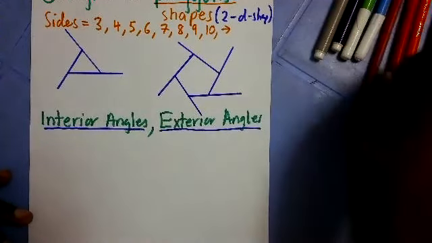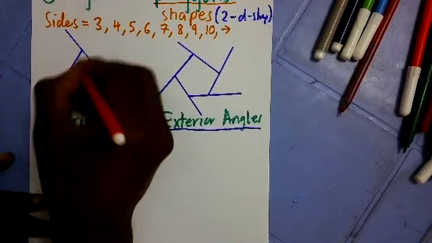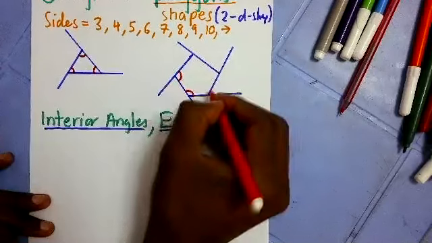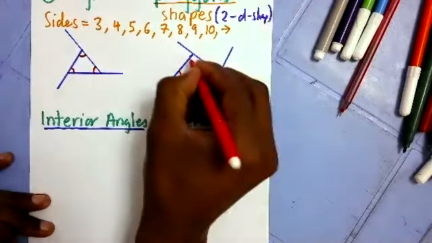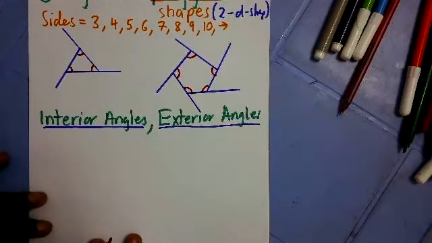So if you check here, the interior angles are these ones, which I'm marking with the red mark. Interior angle, interior angle, interior angle, interior angle, and interior angle. So those are our interior angles.